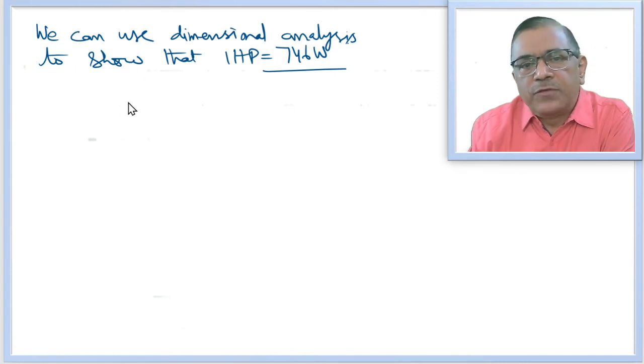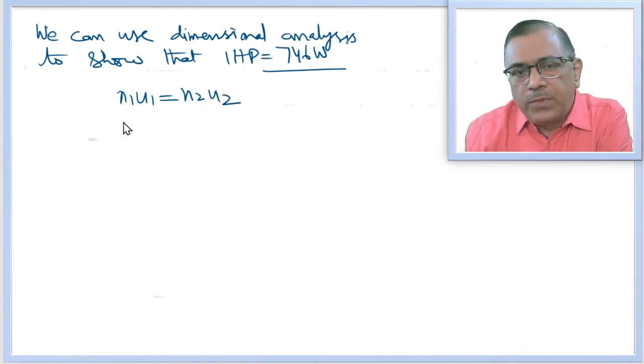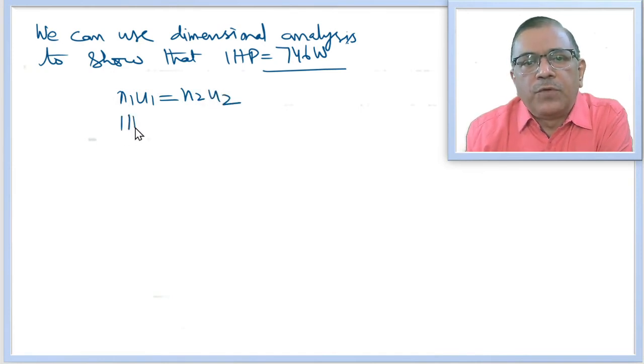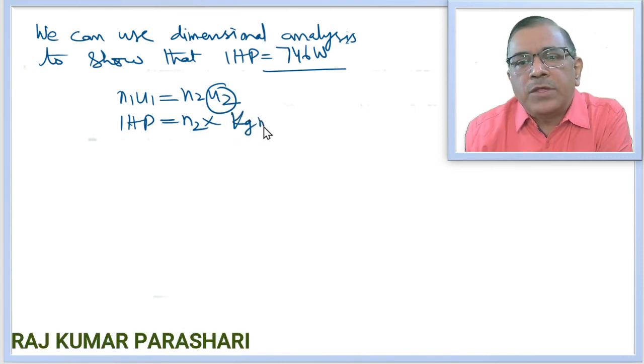If a measurement is to be expressed in two different unit systems, then we use the formula N1U1 equals N2U2. Over here, we want to convert 1 horsepower into the SI unit system. In the SI unit system, the unit of power happens to be kg meter square second raised to the power minus 3.